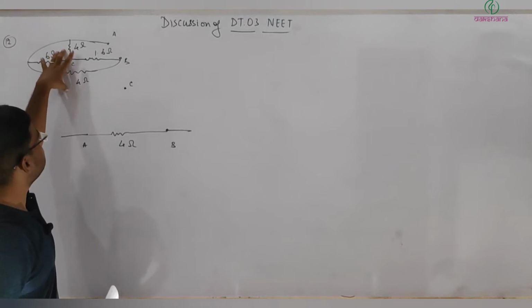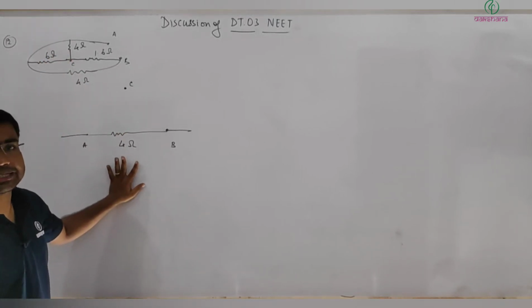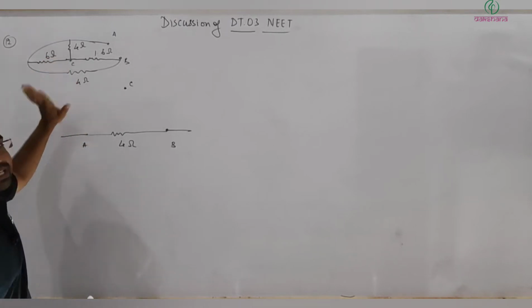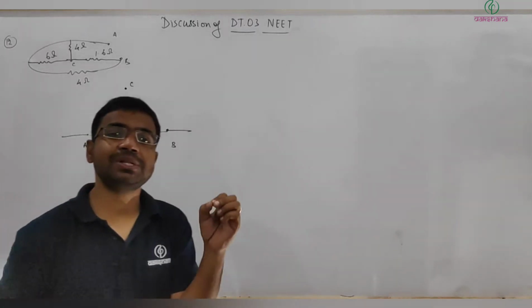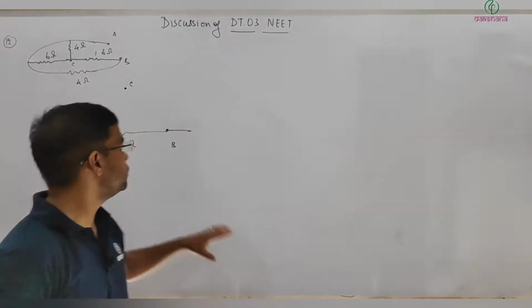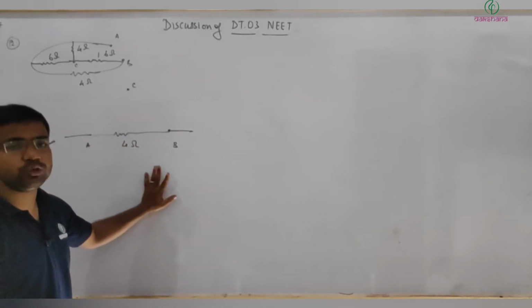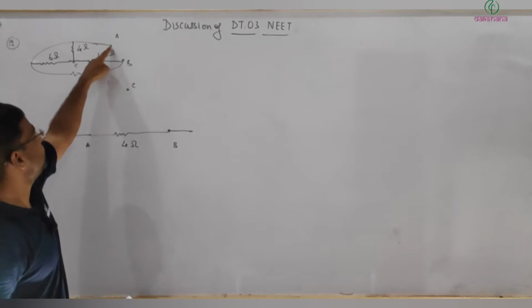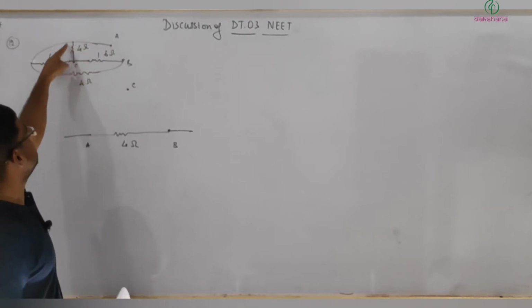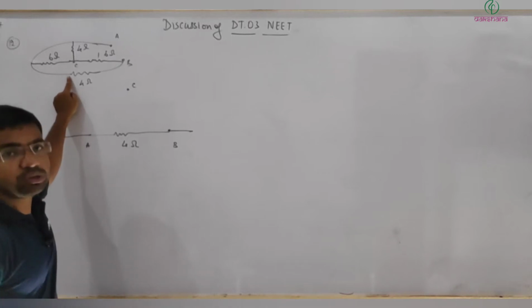We are trying to simplify this diagram to a simple form where we can see it's a simple series parallel combination. It's visible because from here it's not clearly visible. So what I did, simply all the points which are having different potentials, you mark all those points and then check between any 2 points, A and B, is there any resistor? So this is B point and A point, actually it's here but it's connected with the wire, so it means this is complete A potential, so this point is also A, right?